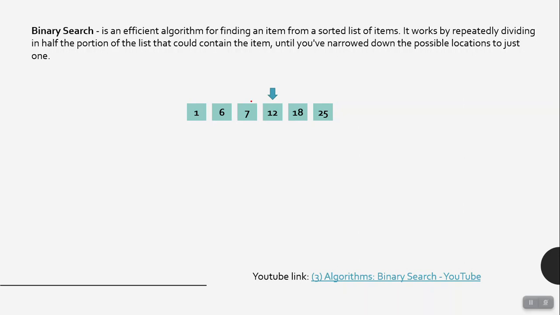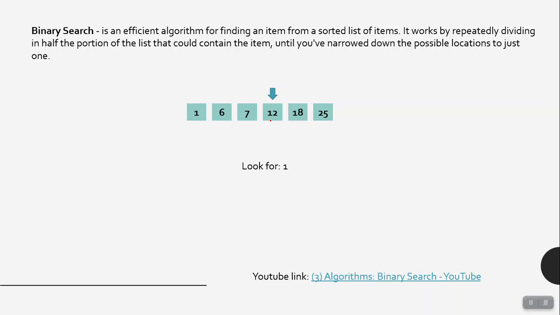So it's either 7 or 12, and then we will check if that is the element that we're looking for. Say for example, we're looking for 1. Is 12 the element that we're looking for? It's not.